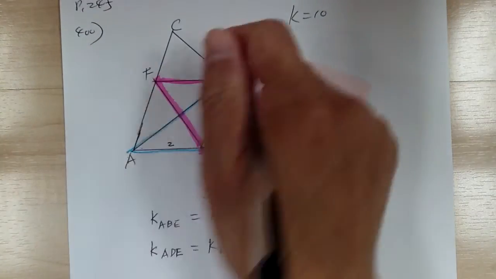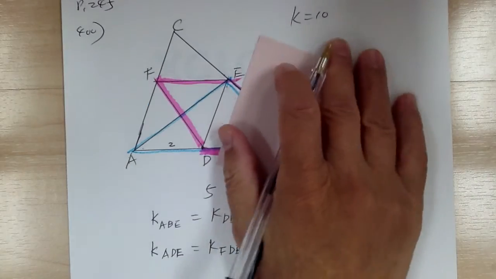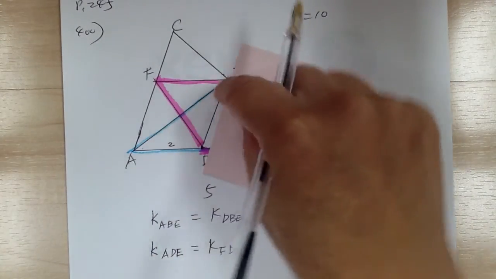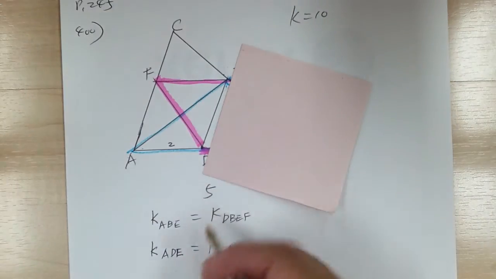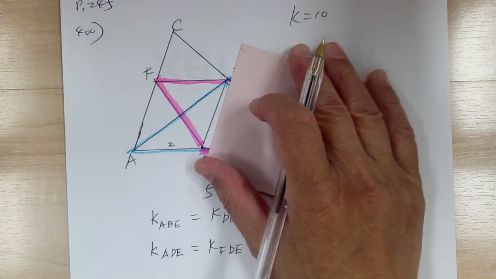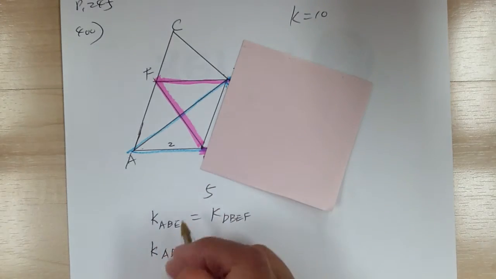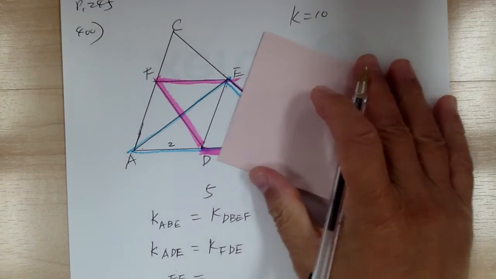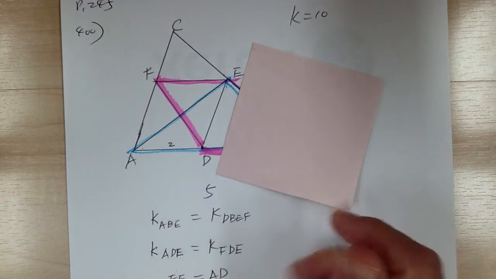And since these are parallel lines, if you look at the height, you're going to have congruent triangles. You can prove that they are congruent. So FE is equal to AD.